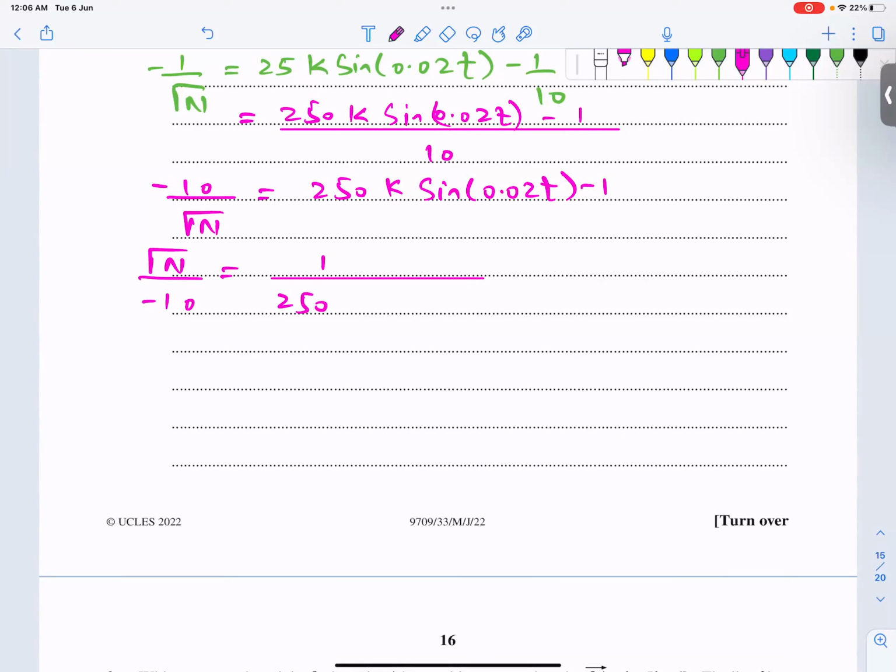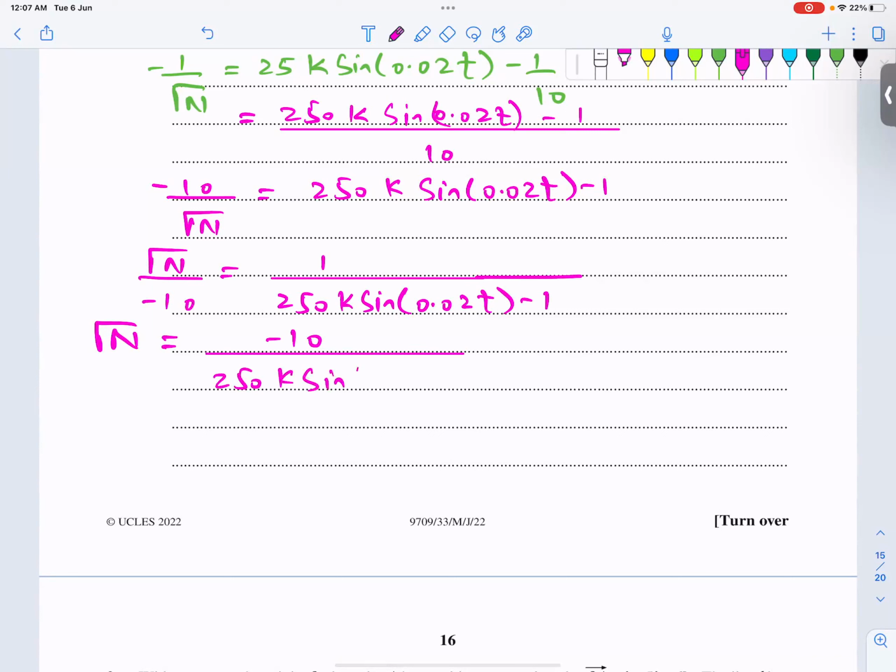Actually, square root n was my subject. So this is actually a difficult question. So just bring this negative 10 on the other side. So this will be minus 10 over 250k. You can also shorten your steps, okay?